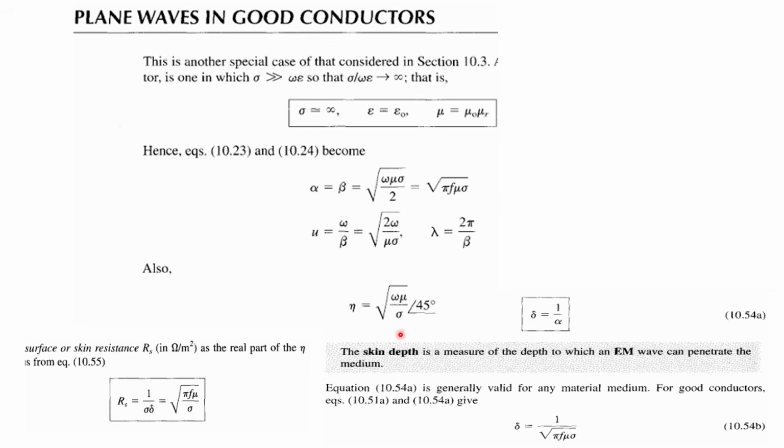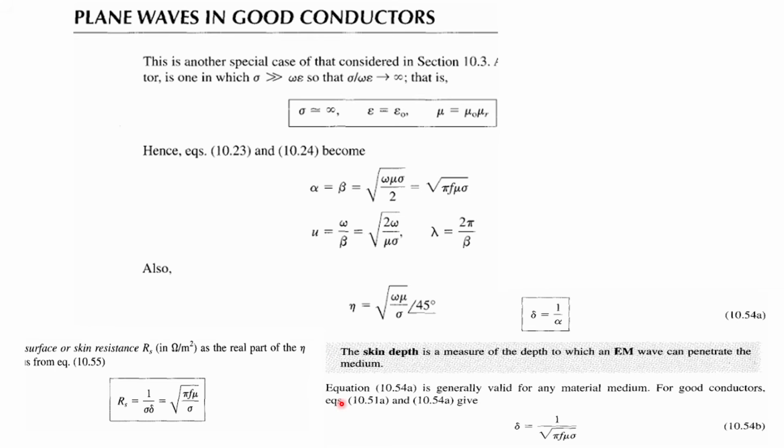Now again the eta, that is intrinsic impedance, we can find out as eta equal to the square root of omega mu divided by sigma. So if you remember the general wave equations, the derivation, the solutions, then you can find the values of gamma, that is alpha plus j beta, and by using that only you can solve any equations.